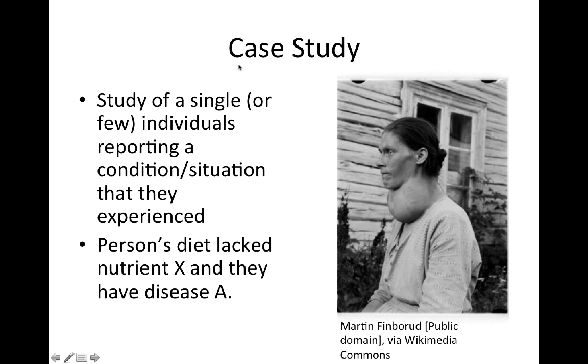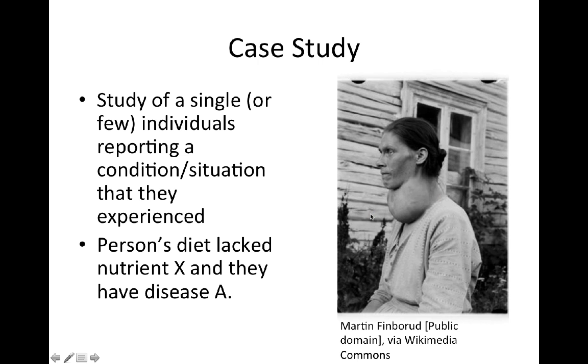So the first type of study is a case study. A case study is less of a type of study where you'd be going through the scientific method and more of just an observational study. So you're looking at a few people or just a single person and recording a specific situation. For example, the person's diet might lack a particular nutrient, and then they have this disease, and you just might report this. In this case, this is a goiter.